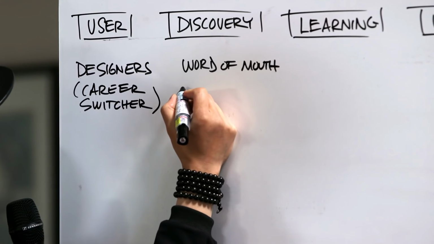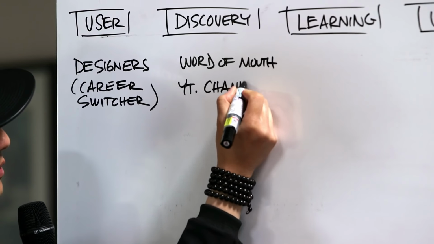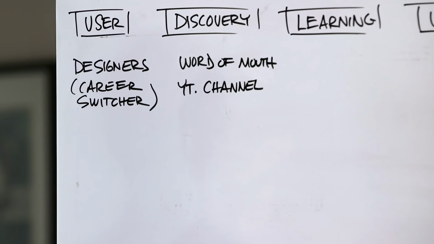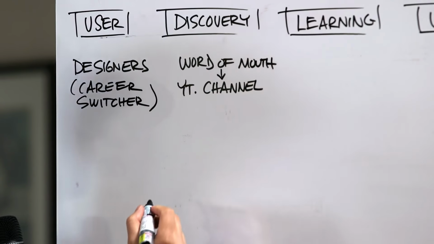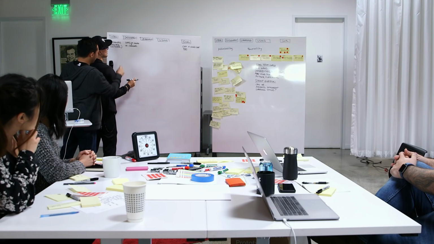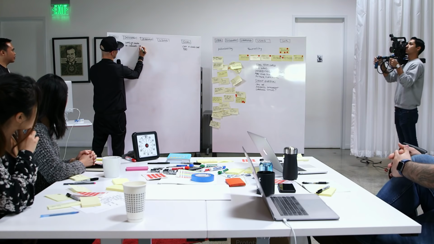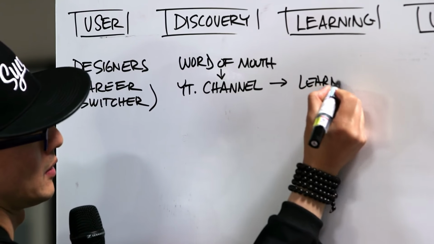Then they're probably going to go to our YouTube channel. Is this in order? Maybe you can put arrows on it. Ideally it's from left to right. As long as you have arrows. So, word of mouth, YouTube channel, and then they're going to learn design skills.